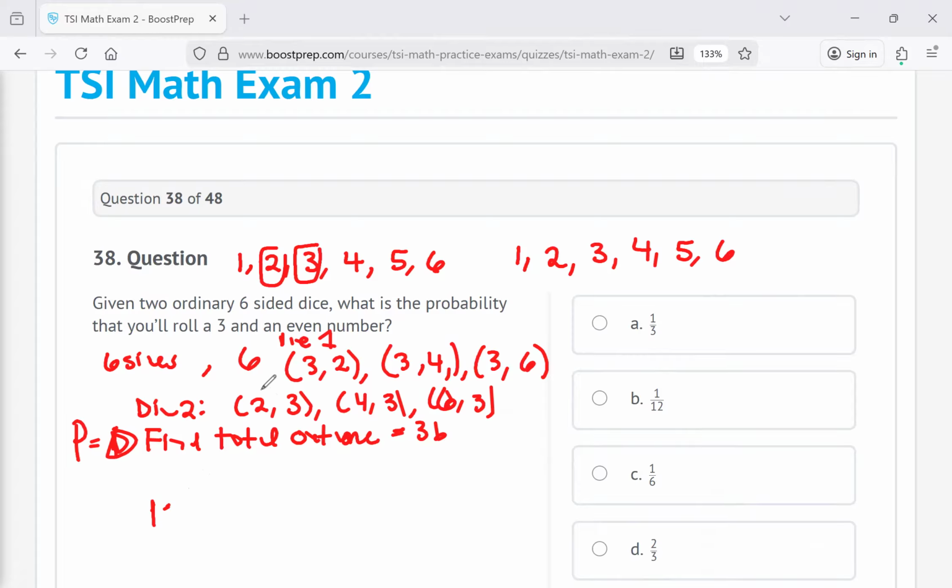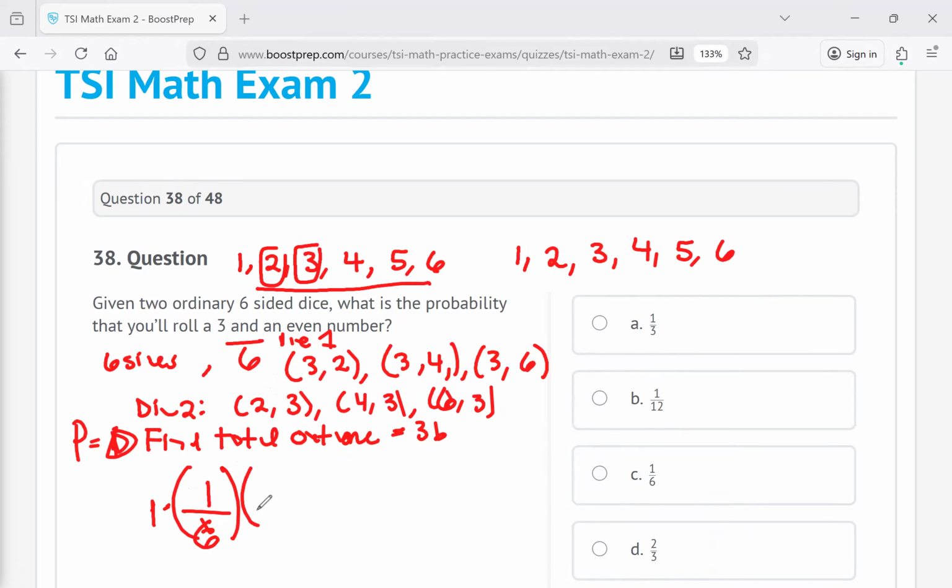So if you look at the first die, there's a total of six choices. So it's going to be out of six, and then it's just going to be one. And then the second one, I remember, the word and means a multiplication.